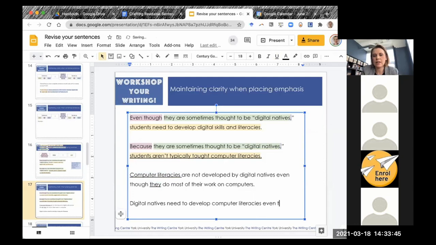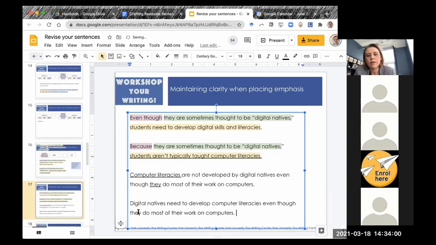What we should have is this, even though they do most of their work on computers, digital natives need to develop computer literacies. So here, this they is now referring back to digital natives because it's in the subject position.